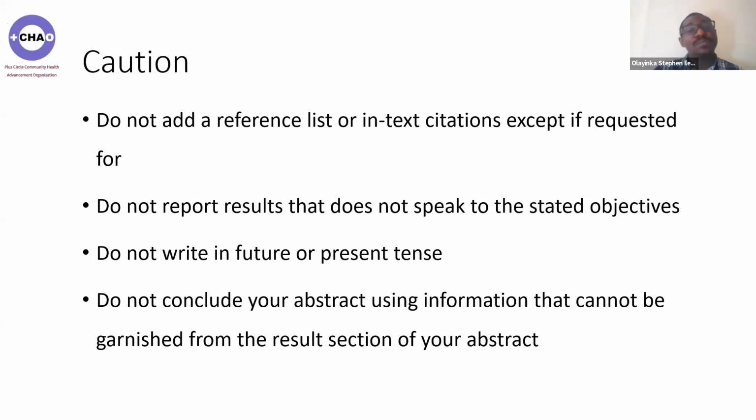Do not report results that do not speak to the stated objectives. Do not write in future or present tense because your work has been done. You need to write it in past tense. And regarding results that do not speak to the objectives, when you carry out your study or program or project, you have a lot of things that you have found.